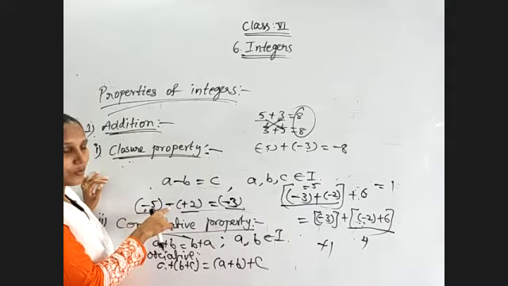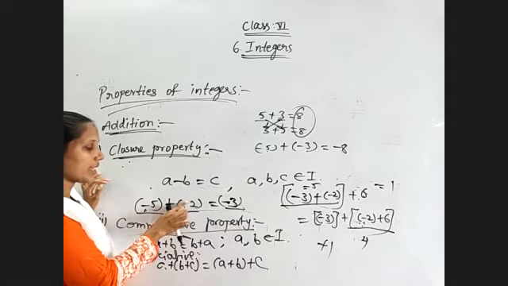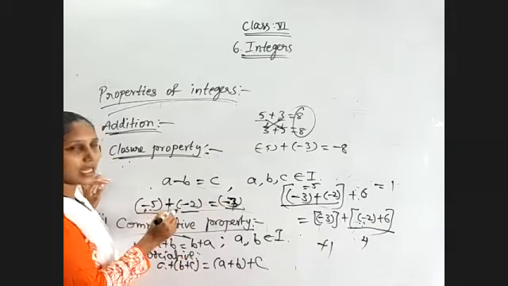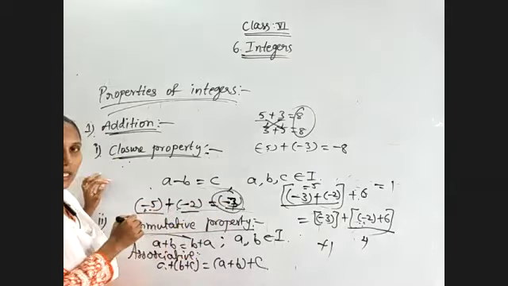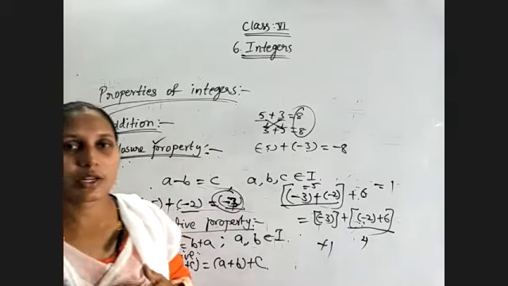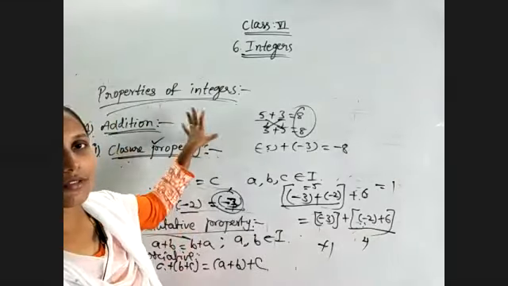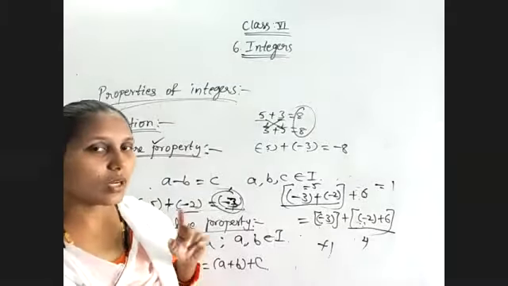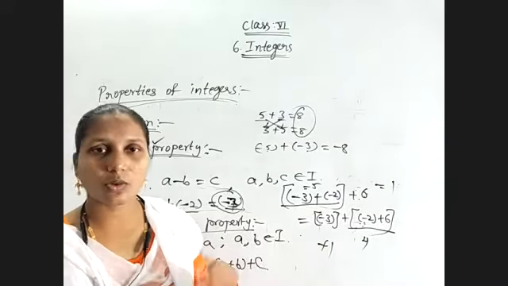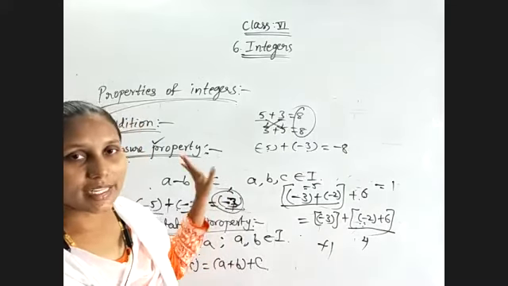First we need to take the additive inverse of this one, so we get plus of minus 2. Both are minus, so we get minus 7. Even though we are subtracting, we are getting an integer only. Closure property is applicable for subtraction of integers. Only closure property; the remaining two are not applicable. And for division, no property is suitable under integers.